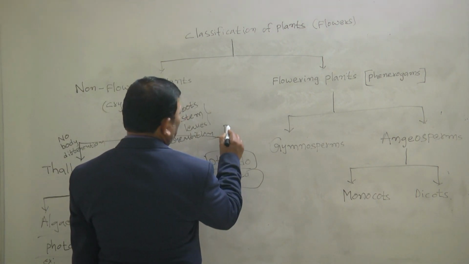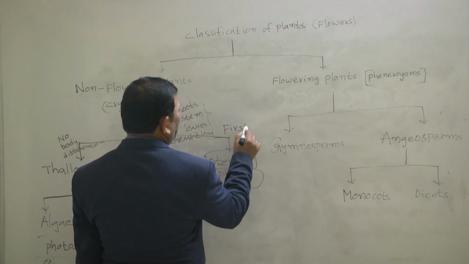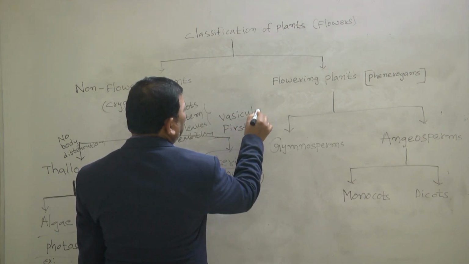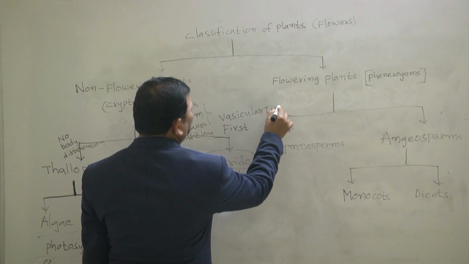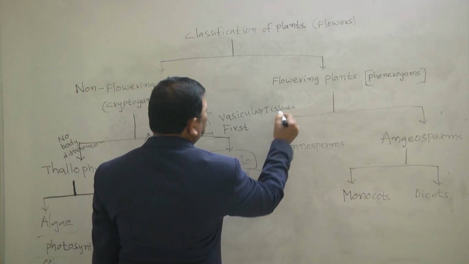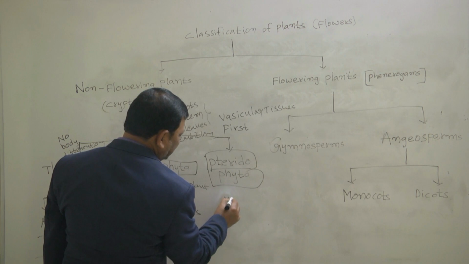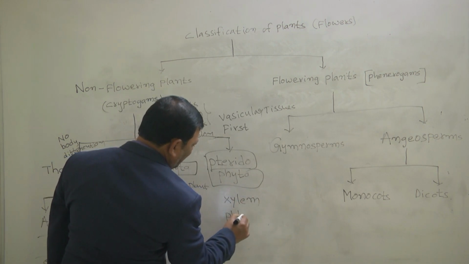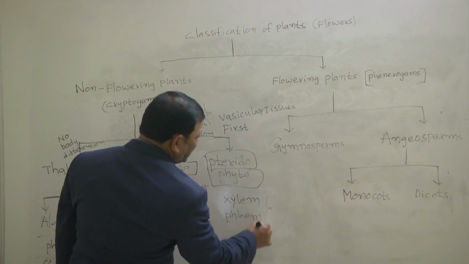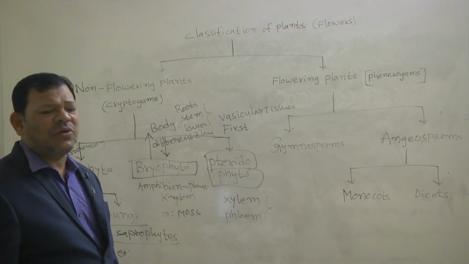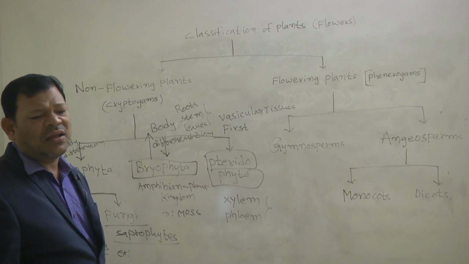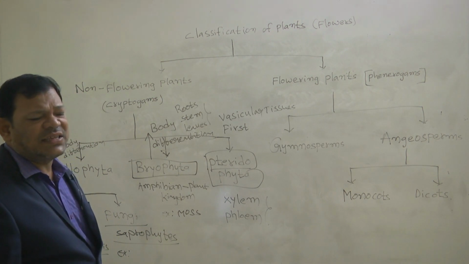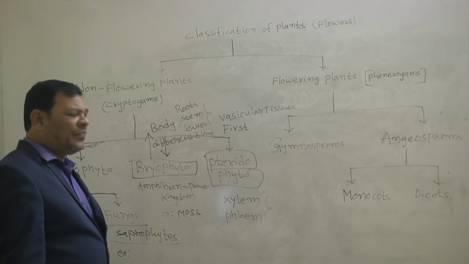What are vascular tissues? Xylem and phloem. Together, xylem and phloem are called vascular tissues or complex tissues. In the Pteridophyta phylum we can see the xylem and phloem.